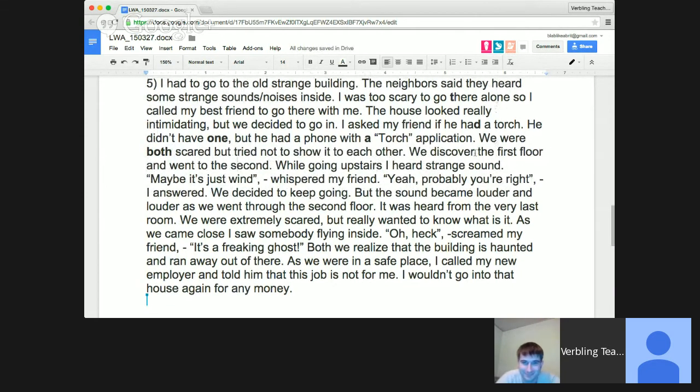We discovered the first floor and went to the second. This is totally fine grammatically, but I'm not sure about this word, discovered. To discover is probably not quite the right one, because to discover means to find something for the first time. I think probably you know that there's a first floor. It's not like you're discovering a first floor.